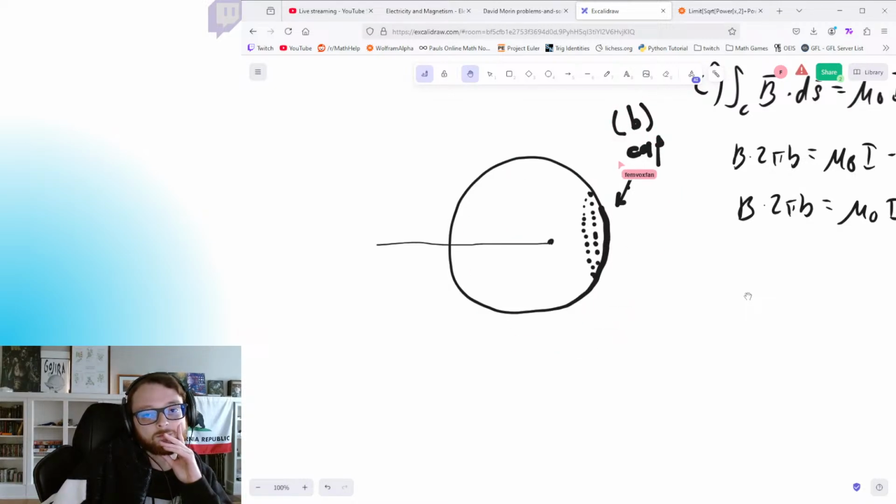So the cap could be from part B, and the rest of the sphere could be part C. I'm just wondering if there's a way to exploit a spherical symmetry there, where they sum up to the entire sphere. I don't know, it's just an idea I had. I don't know if it's going to get us anywhere.